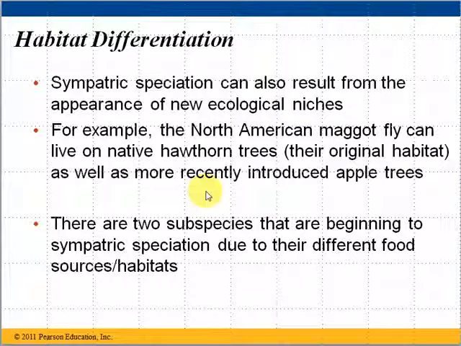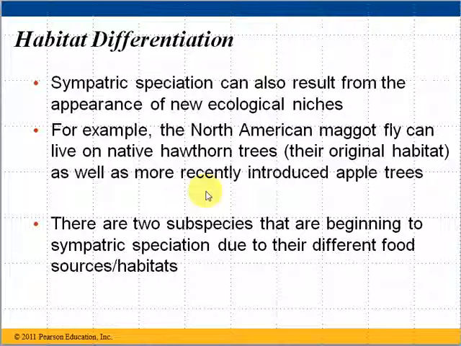But as apple trees were introduced into their areas, some of them began to live on apple trees, and they began to use the apple tree as their habitat, as their niche. And so now there are 2 subspecies that are beginning to go through sympatric speciation due to their different food sources and habitats.